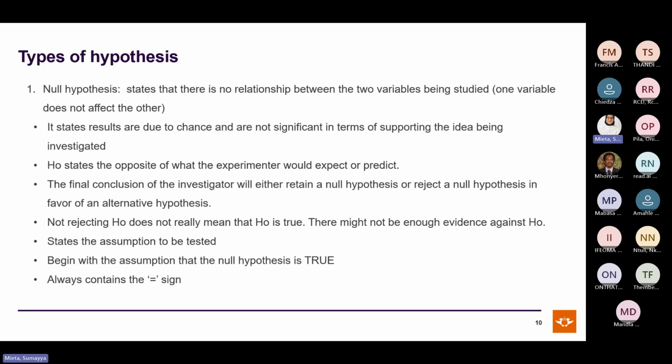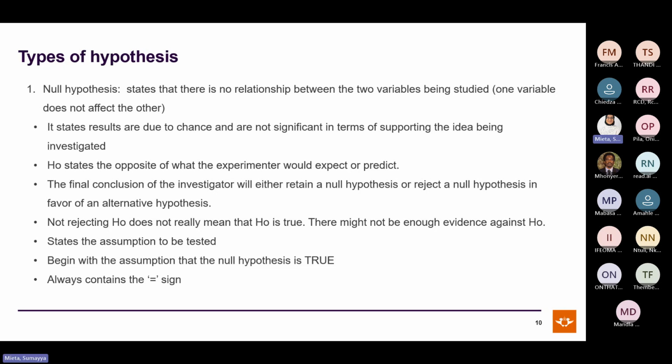The final conclusion of the investigator will be to either retain the null hypothesis and say, yes, the null hypothesis was actually correct. Even if students study for 4 hours a week, they still won't get 50%. Either supporting the hypothesis or rejecting it can only be done at the end of your experiments.